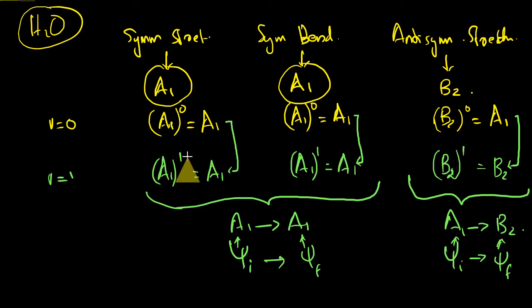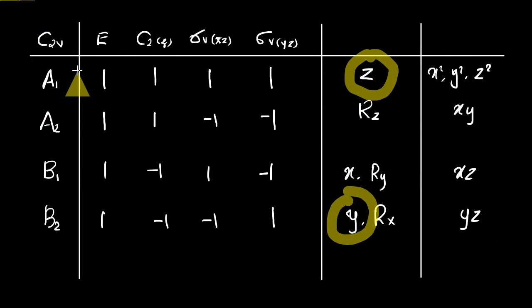If any of the binary products come in the character table in the same symmetry species as the normal mode of vibration, here A1 for symmetric stretching and symmetric bending, then it will be a Raman active vibration.